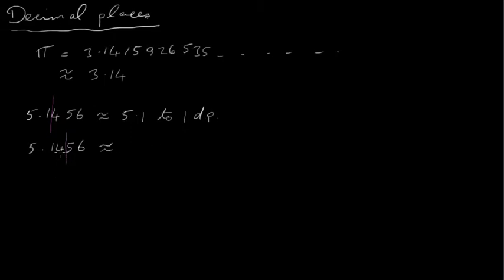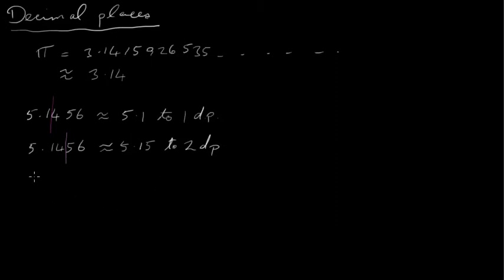So I've got 5.14. Now I've got to decide what's going to happen to this 4. So I look on this side of the line here. The next number after the 4 is a 5. So this rounds up to 5.15. The 4 changes to a 5. So I end up with 5.15, and that's to 2 decimal places.